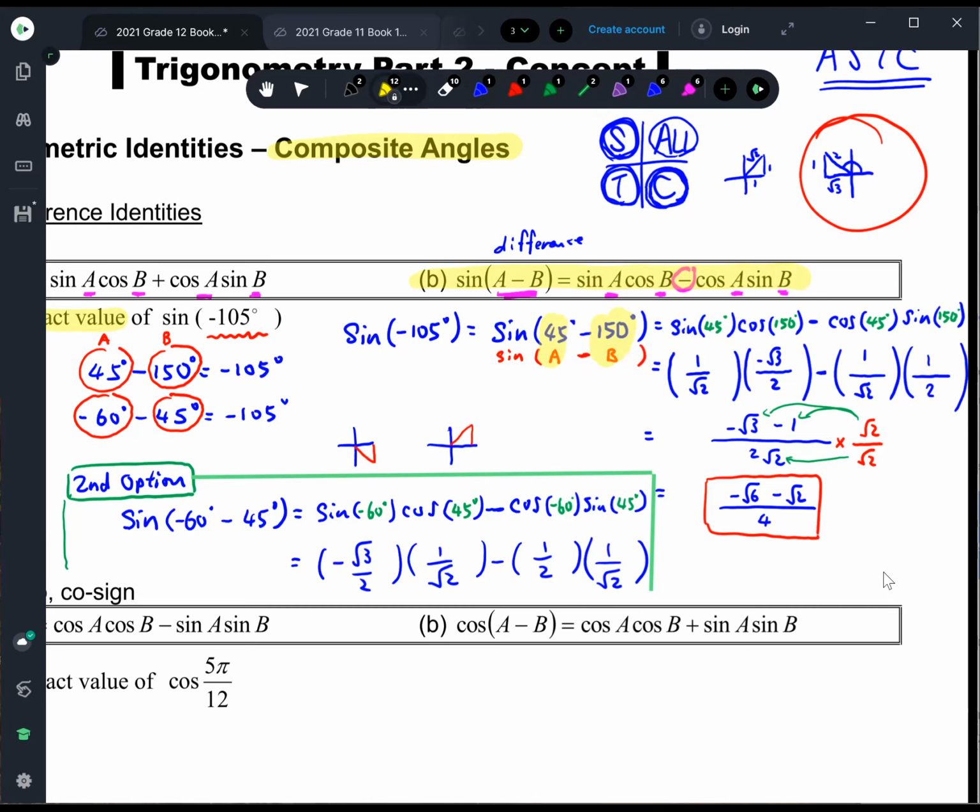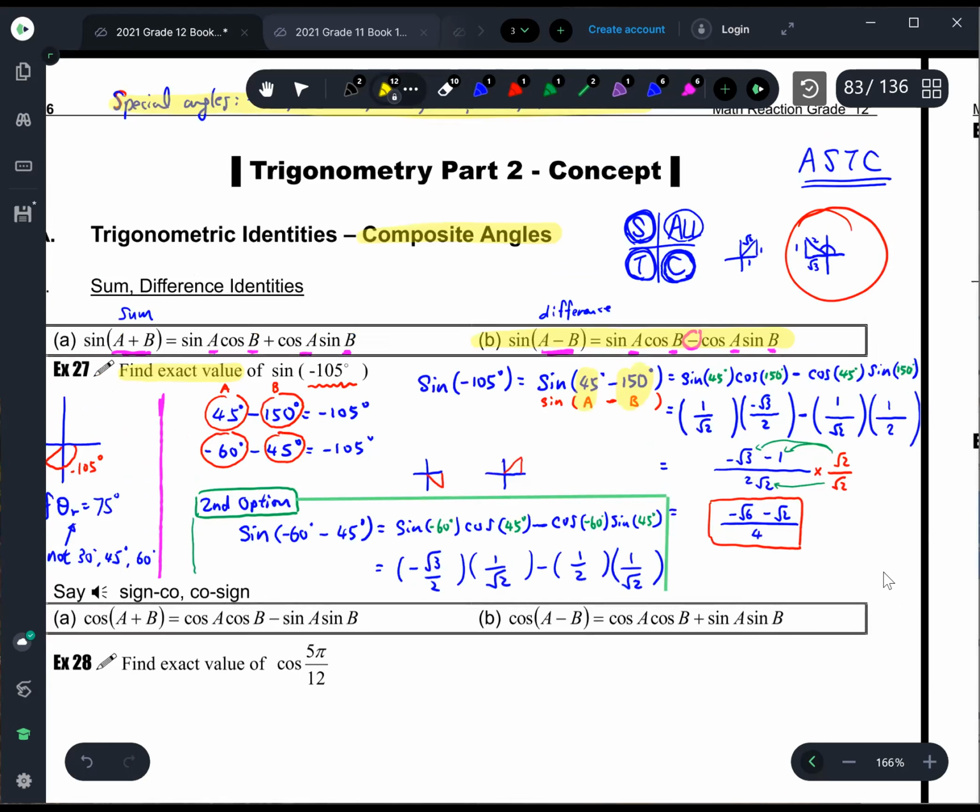Of course you can do it the other way using adding, like -150 degree plus 45. -150 degree is your A, and plus 45, 45 is your B. If you use it that way, then use the sine of sum. Any questions?